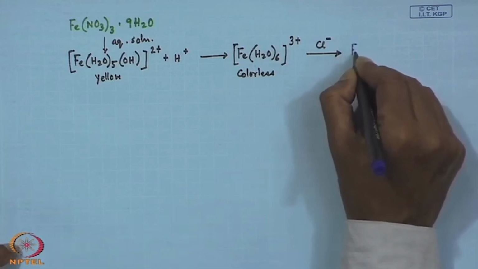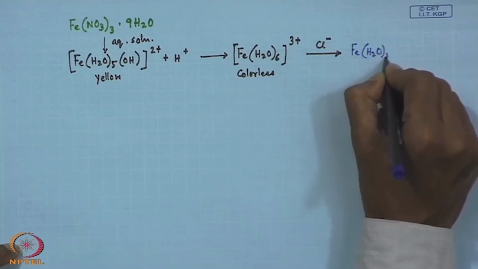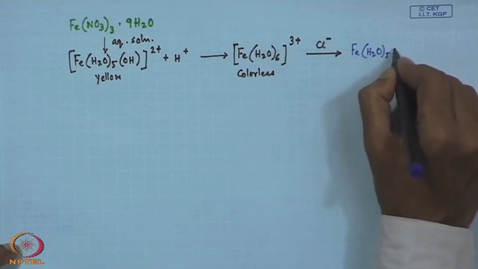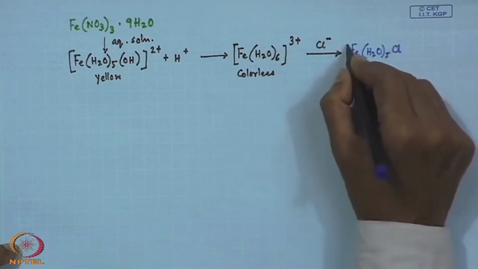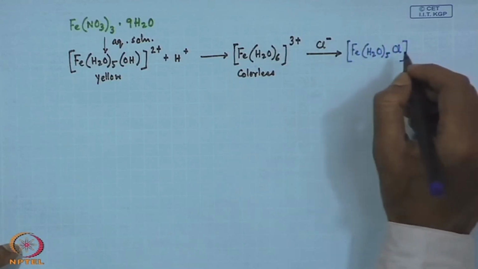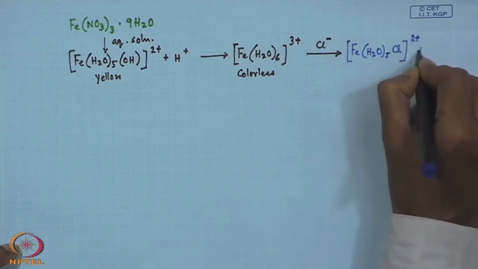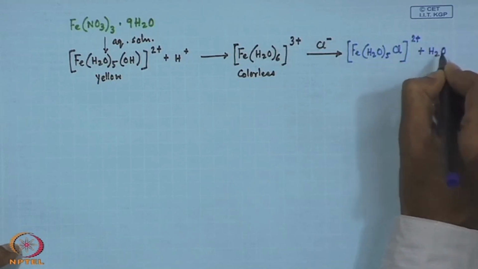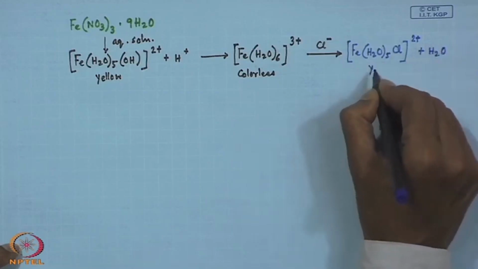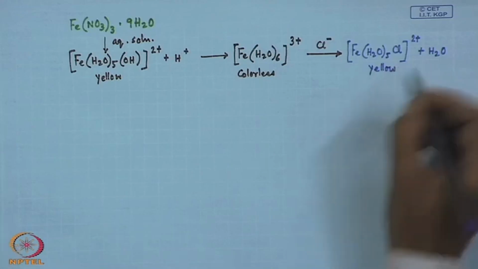So, here also we have pentaaqua, and one water molecule will be replaced by the incoming Cl-. So, this is basically a substitution reaction using Cl- with the elimination of one water molecule, which is again going back to the same color, which is yellow.